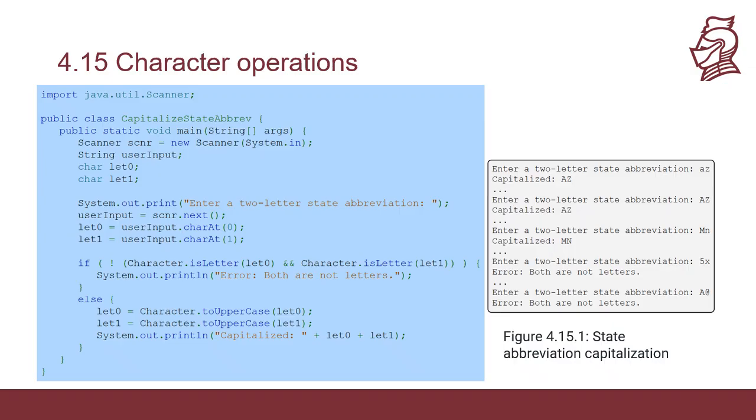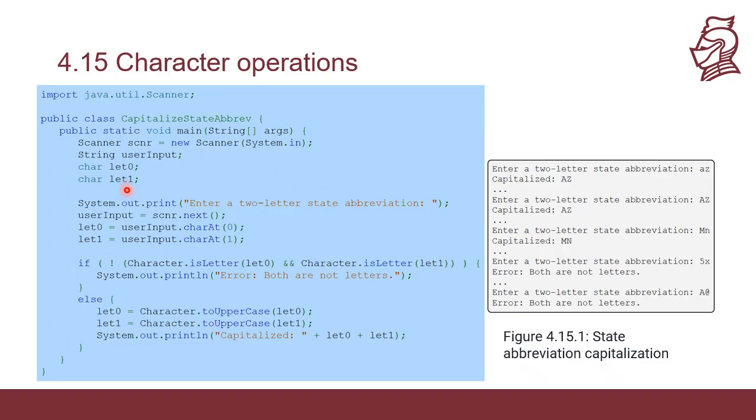Now, as I said, there's a little difference with char, which is a literal. This is sort of like an int. We're going to talk about this stuff a little bit more, but char is a literal character data type. So char let0 is a variable that can hold one character. char let1 is a variable that can hold one character.